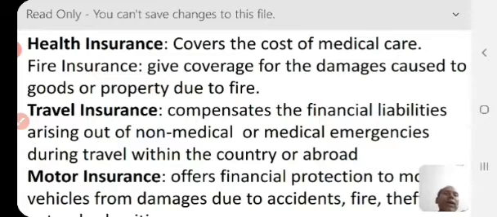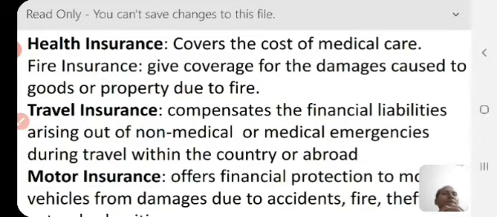But we took the policy for fire. Can we claim that amount? No, because we have taken the policy for fire and the theft has happened, so it doesn't cover the theft. The amount cannot be claimed through the fire insurance.